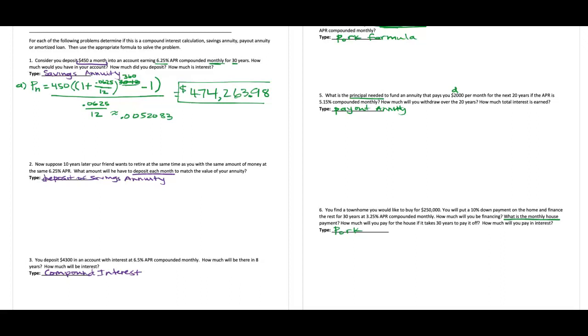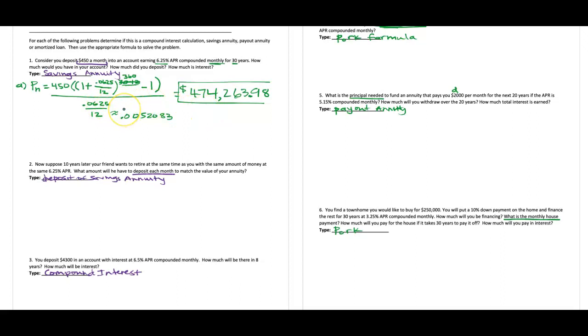TI 30X. So it's just telling you that you got a lot of digits there, right? But it still should be something that looks like 474. So it's not giving me that.